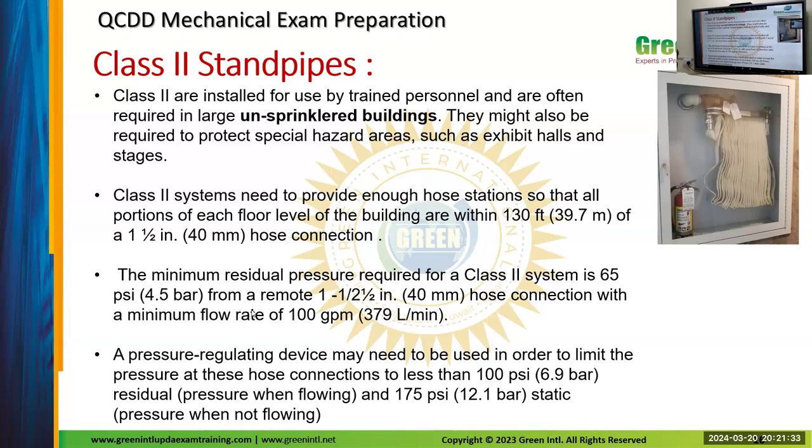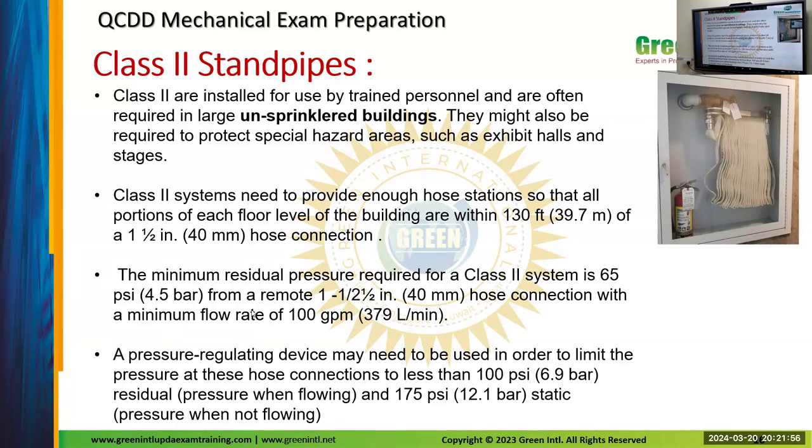Because the most remote sprinkler, what is the pressure for that? 100 psi. For any consideration, the most remote sprinkler will have 100 psi. And what is the riser pressure for this flow?